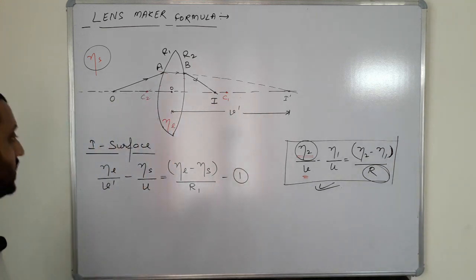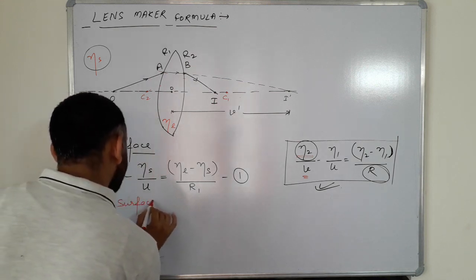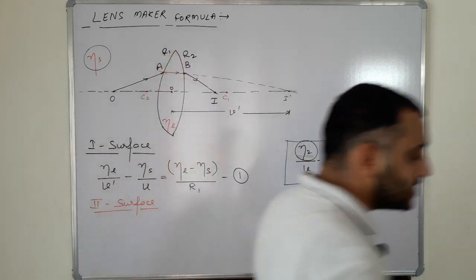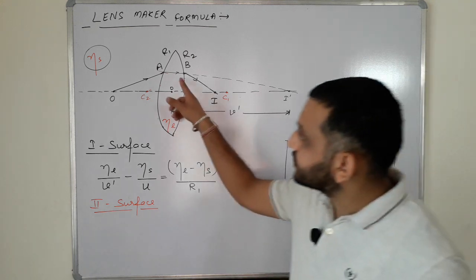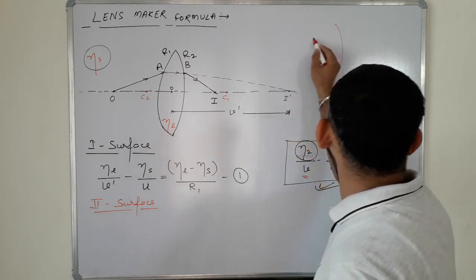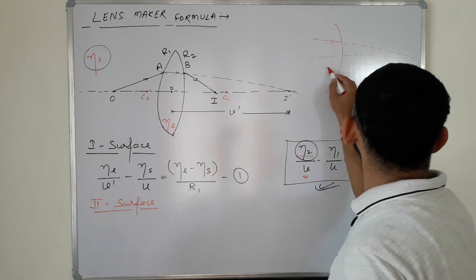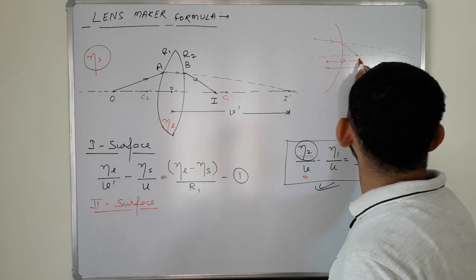Now let us apply this formula for the second surface, the second refraction, at point B. The second refraction takes place at point B. So if we look at point B, a scenario like this is created: from here the distance is v dash, and the final image is forming here, here is v.